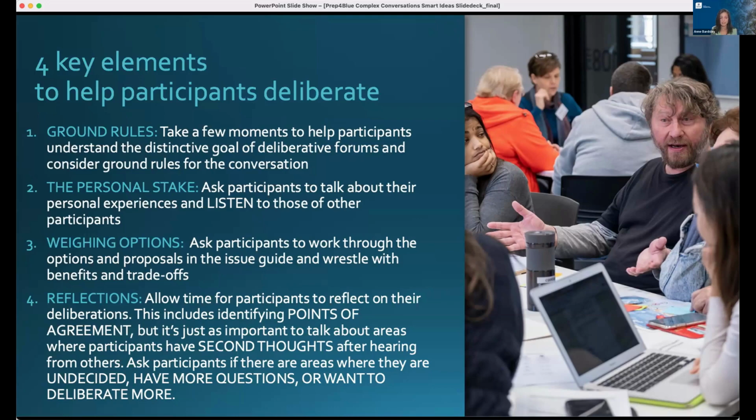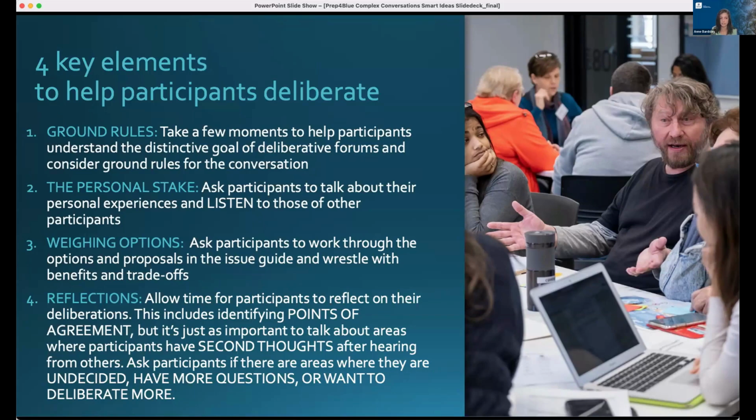That is, coming into these processes with an open mind, open to hearing from a lot of different perspectives, answering each other in a respectful manner, and giving reasons for your different opinions. But they also involve that personal stake.